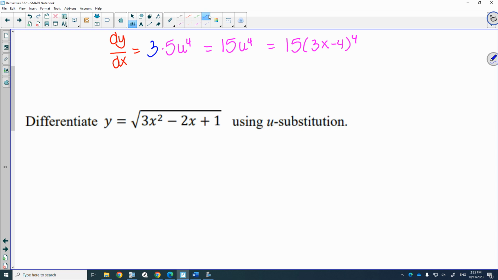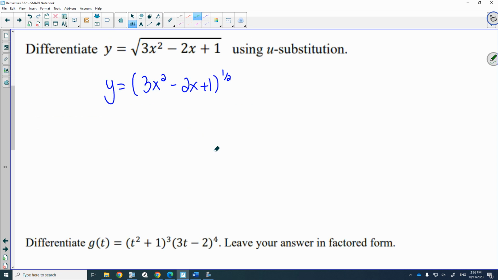So let's first write this as y is equal to 3x squared minus 2x plus 1, and that's to the power of 1/2. Now I know chain rule, it's going to be 1/2 times 3x squared minus 2x plus 1 to the negative 1/2 and the derivative of the inside. But let's do u substitution. So I'm going to let u equal.